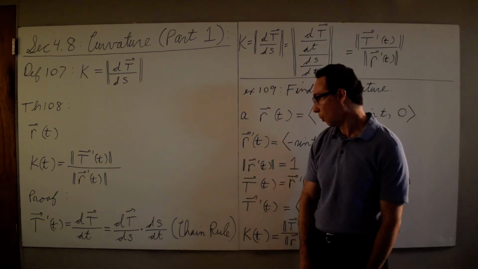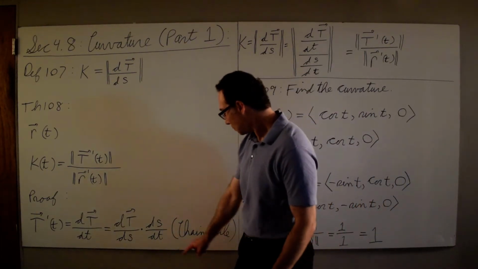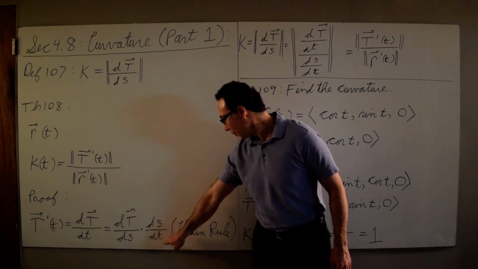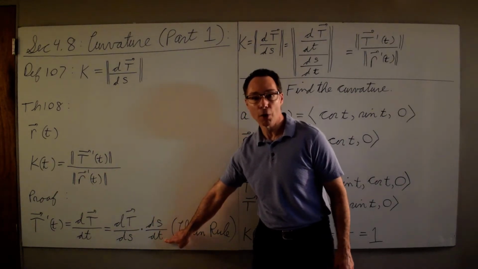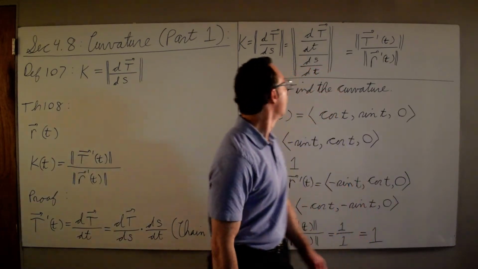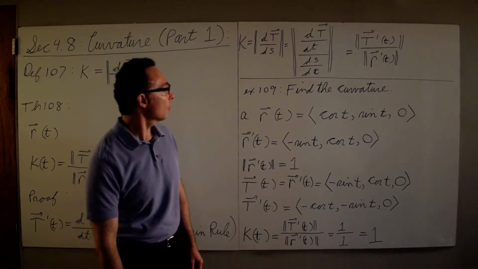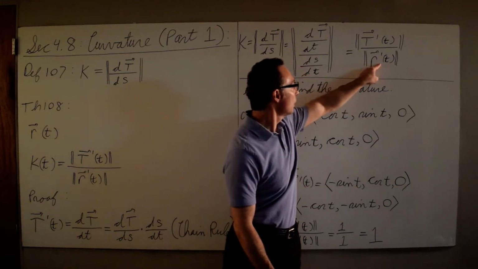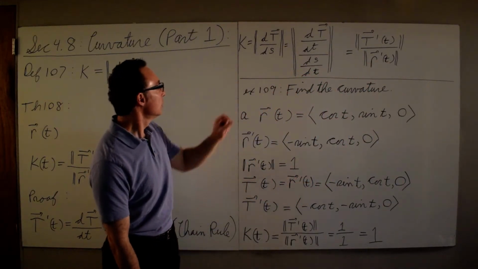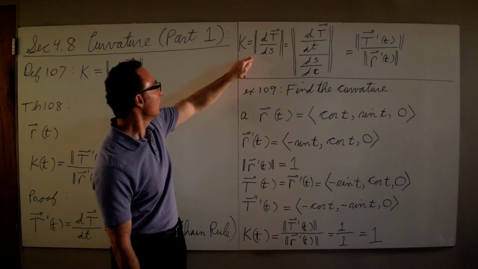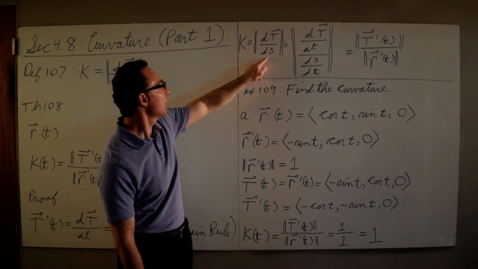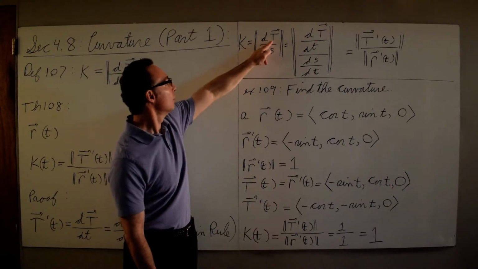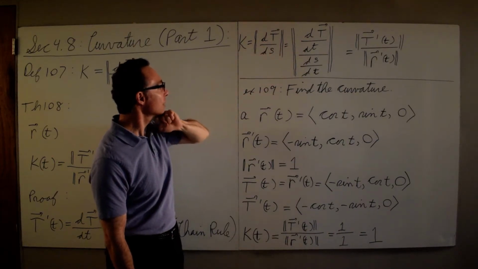That's just the chain rule. What did we learn the derivative of arc length with respect to t was in the previous section? We learned that it is simply the magnitude of r prime of t. So when we look at our curvature formula, we have the magnitude of the derivative of capital T with respect to s.